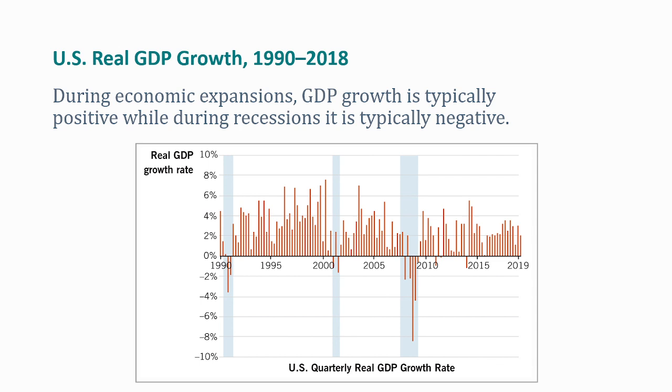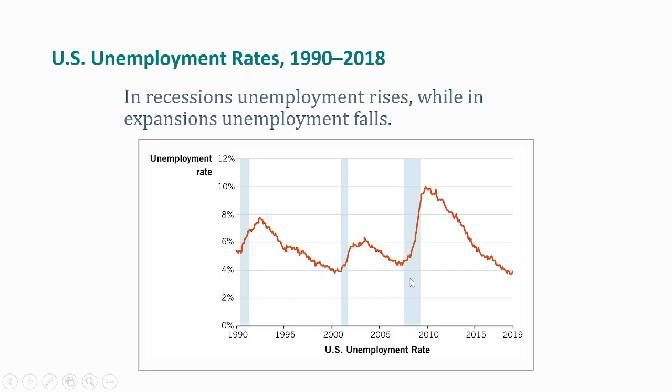During economic expansion, you see that GDP growth is typically positive. Meanwhile, in a recession period, for example in this year, you see that economic growth is negative. So here you see the relationship with the unemployment rate.